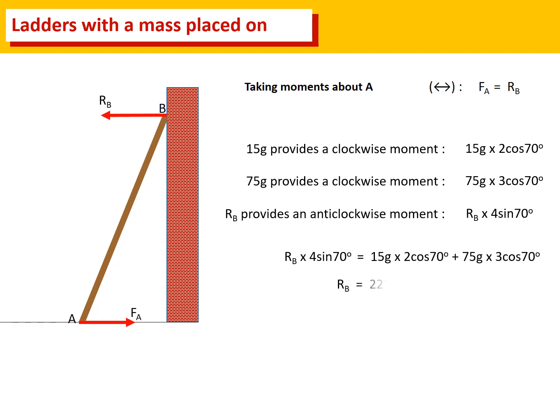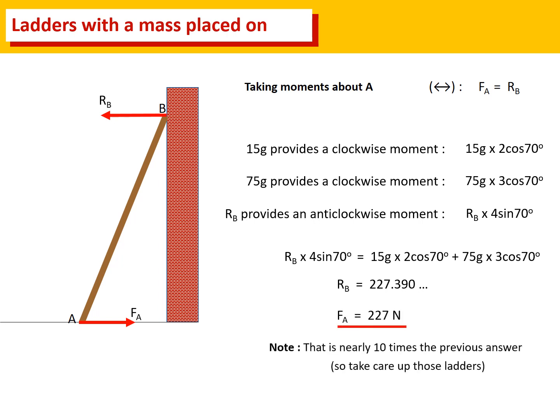The anti-clockwise and clockwise moments cancel each other out, and that gives us a normal reaction force at B of 227 newtons, roughly, and that equals the frictional force at A. So for equilibrium to be maintained, that would require a frictional force of 227 newtons. As it says there, that was nearly 10 times the previous answer, with somebody on the ladder.